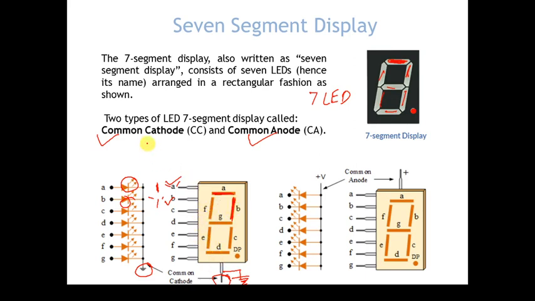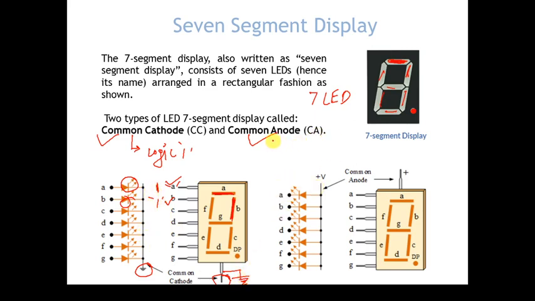So we can say in a common cathode 7 segment display, to turn on the segments we need to give logic 1. Understood? Because its cathode is already common and connected permanently to ground.